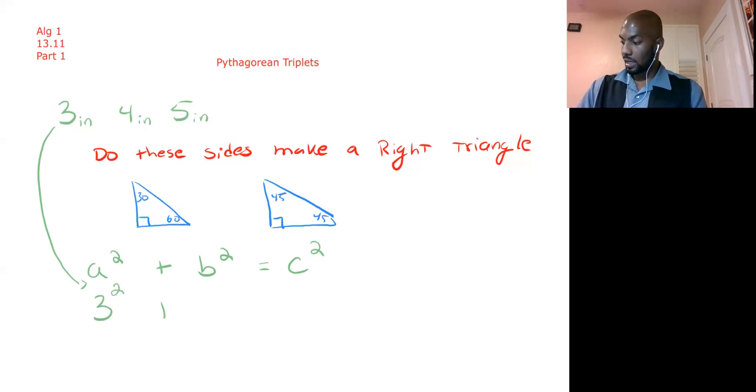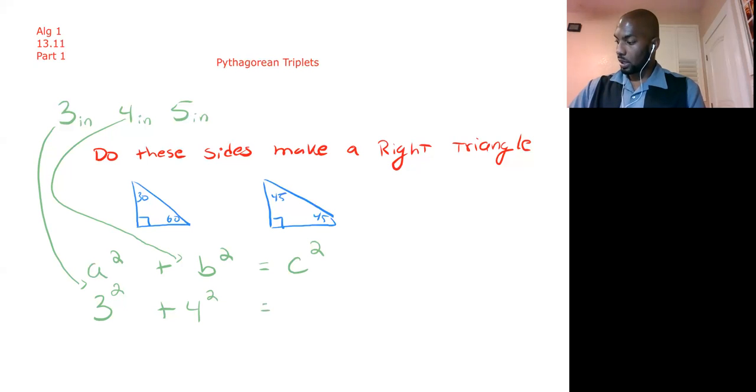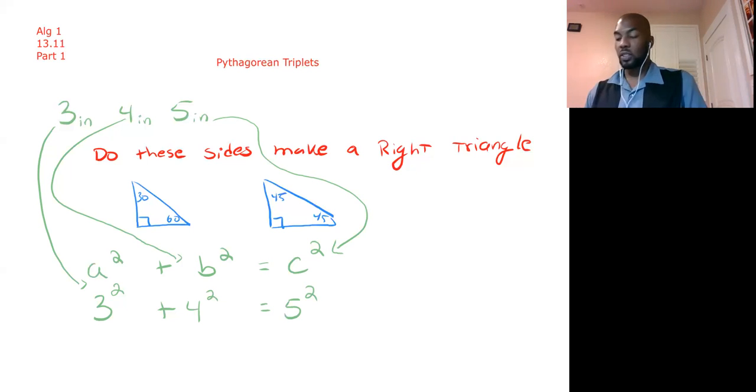Then I take the second number, 4, and replace the b with a 4. I have my equal sign, and my third number is 5, and I replace the c with a 5, making it 5 squared.